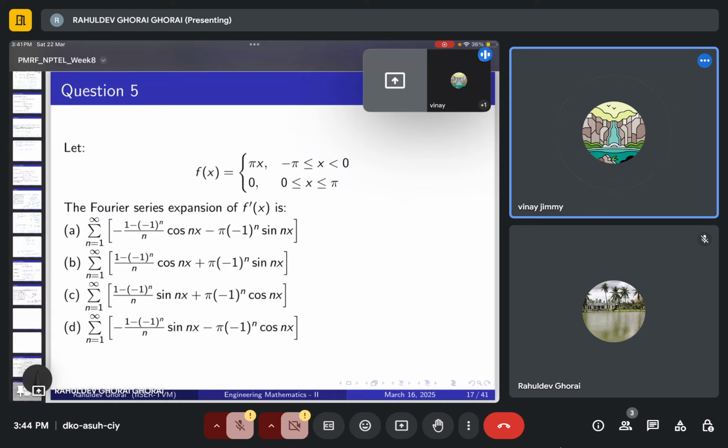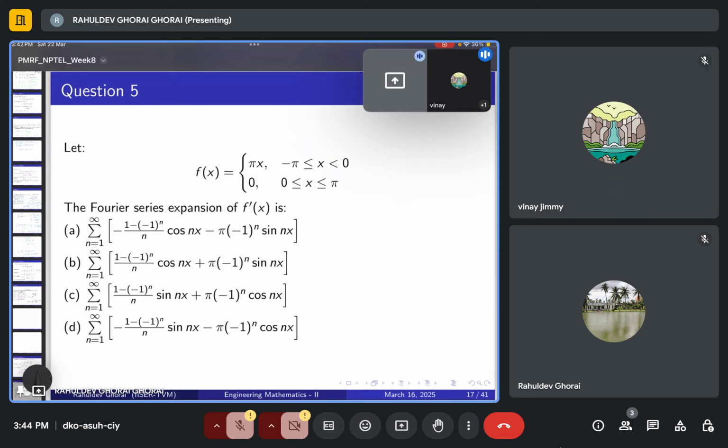So f prime x does not exist, but although it's not differentiable, the function can be written as a Fourier series expansion. That's the important thing. So try to find out the Fourier series expansion. How to do that? Do you have any idea?